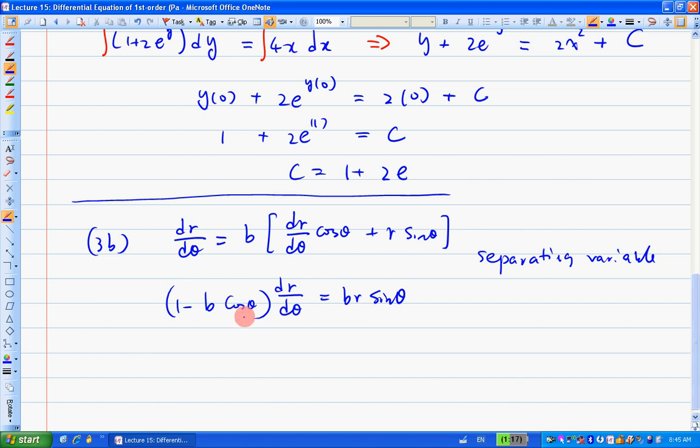Now, when you look at this one, what kind of differential equation is it?